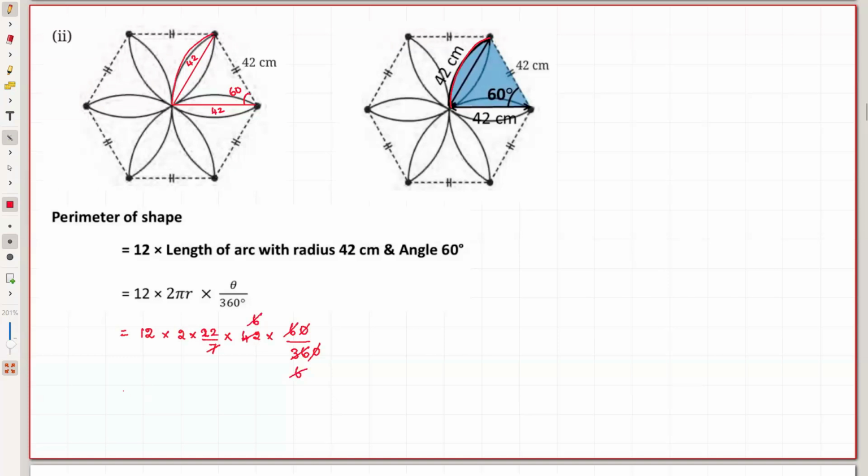So balance we have 12 into 2 into 22. 12 into 2 is 24, 24 into 22 is 528.